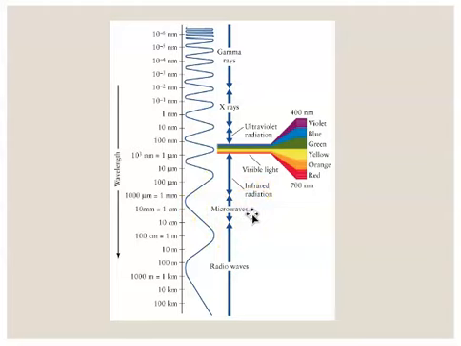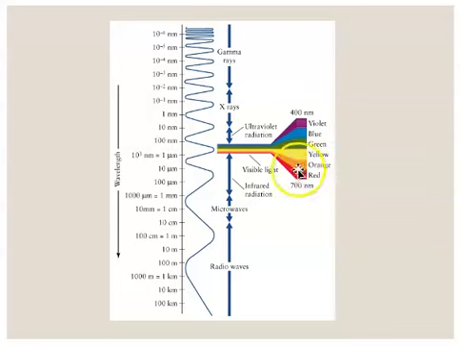Then above the microwaves, we have infrared radiation, and then we hit the visible light. What they've done in this image is they've taken the visible light range and they've blown it up over here so that we can see all of the colors in the spectrum of visible light and the associated wavelengths.